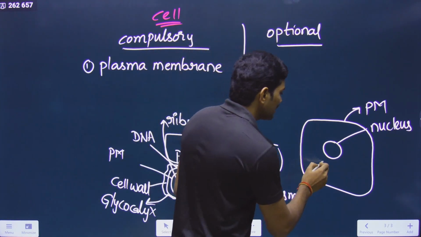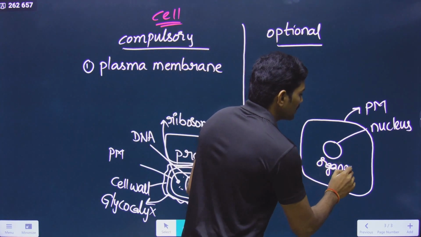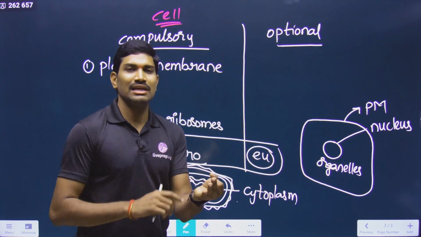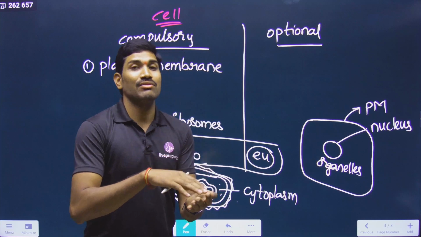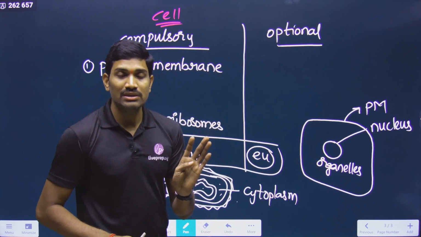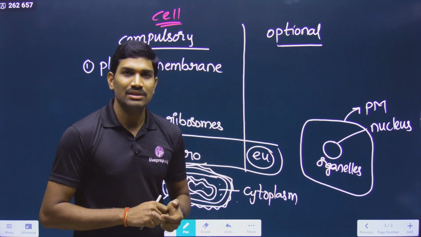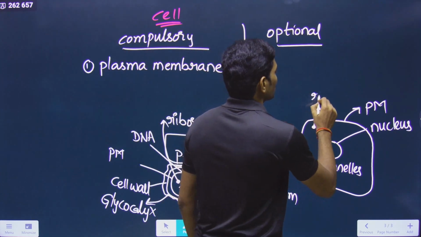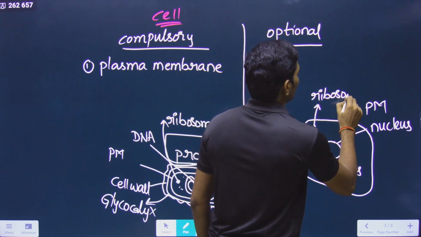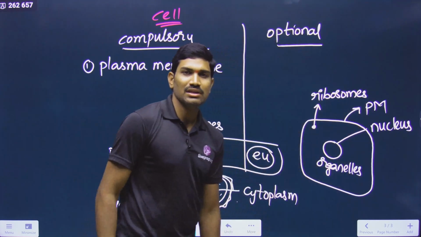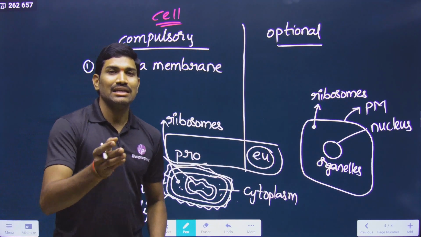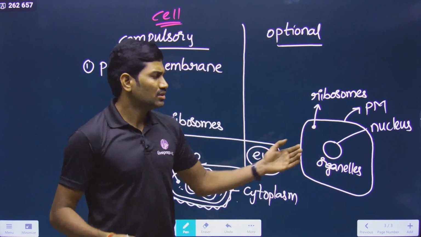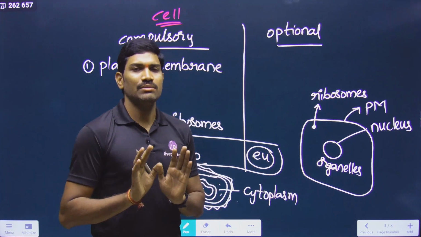Not only this, many other organelles are present: endoplasmic reticulum, Golgi complex, lysosomes, vacuoles in plant cells, cytoskeleton, and in some cases cilia and flagella. Here also ribosomes are present, and mitochondria are also present. In plant cells and Euglena, plastids are also present.